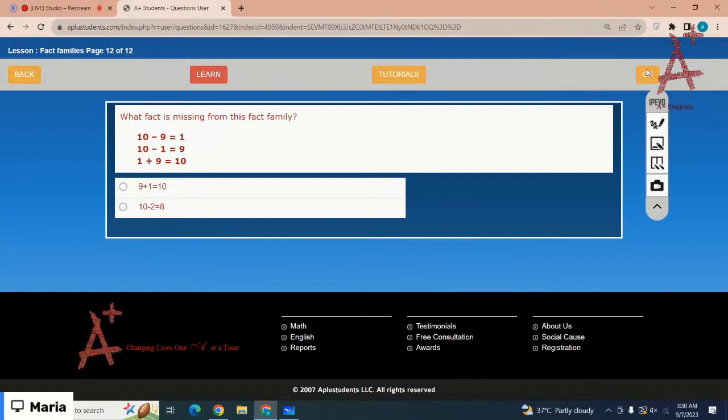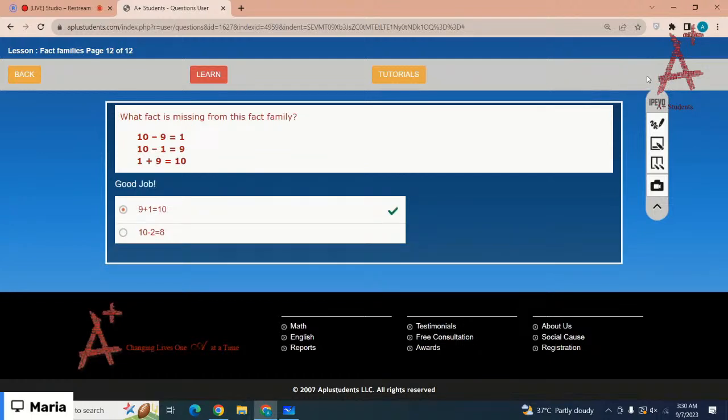Which is the correct option? Yes, that would be 9 plus 1 equals 10. Option 1 is the correct option.